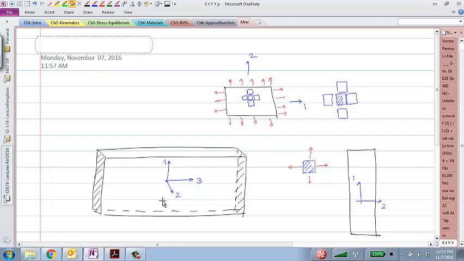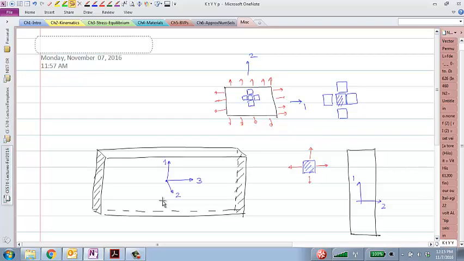Now what you are saying is that the cross section in the 1, 3 plane should also be considered as plane strain. Now this typically does not happen, because you can think of, let's say... what do you mean?